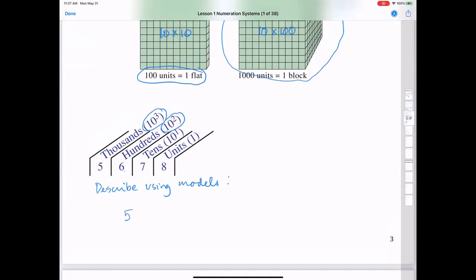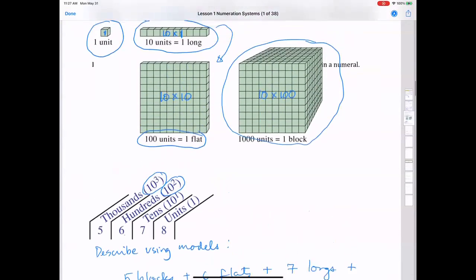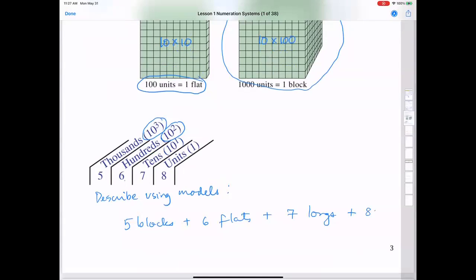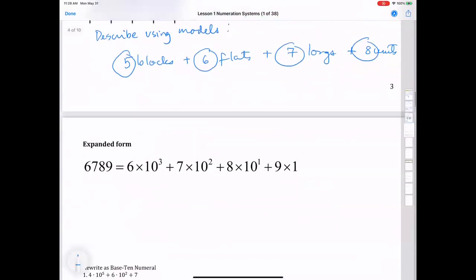This is 5 blocks plus 6 flats plus 7 longs and plus 8 units. Notice that the symbols are 5, 6, 7, and 8, because we are only allowed to use those 10 digits.